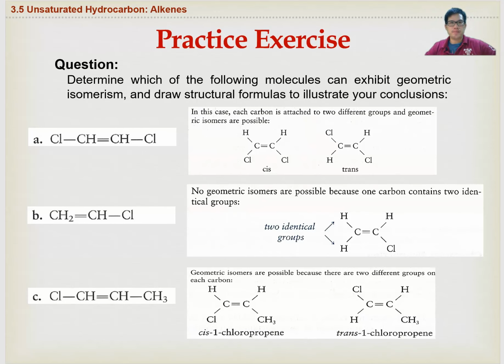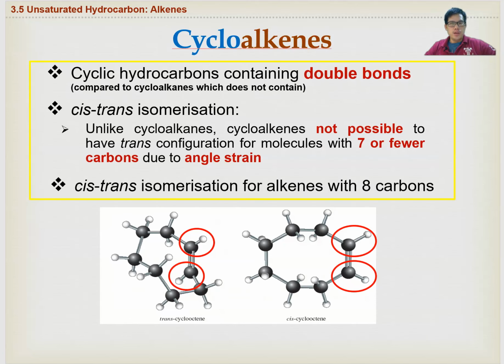Then we have cycloalkenes, same as cycloalkanes. They have a double bond in the ring form. Same thing for the formula, they have two fewer hydrogens. For cis-trans, it is not possible to have the trans molecule with 7 or fewer carbons, because if it's cis, it's still okay, but if trans, there's a constraint.